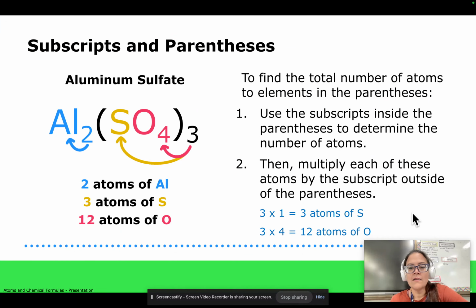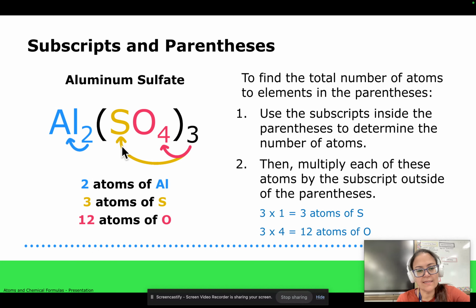Okay, so to find the total number of atoms of elements in the parentheses, use the subscript inside the parentheses to determine the number of atoms, and then multiply each of these atoms by the subscript outside of the parentheses. So here we have 2 atoms of aluminum, that's separate. We have 1 sulfur inside and 4 oxygen inside.